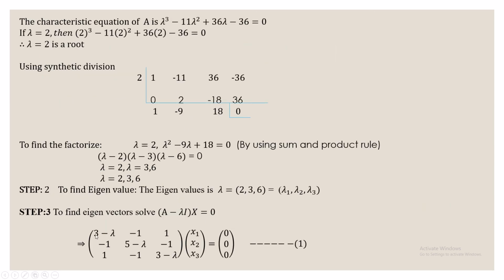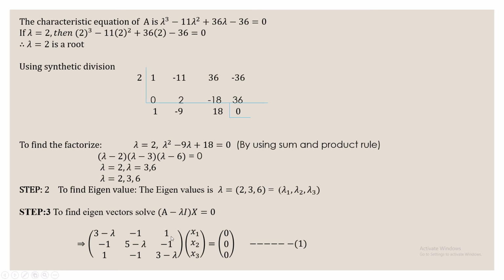Write it here, and subtract lambda times I, the identity matrix: 1 0 0, 0 1 0, 0 0 1. And capital X is x1 x2 x3. Why? Because this is a 3 by 3 matrix, so you get 3 equations, equal to 0 0 0.